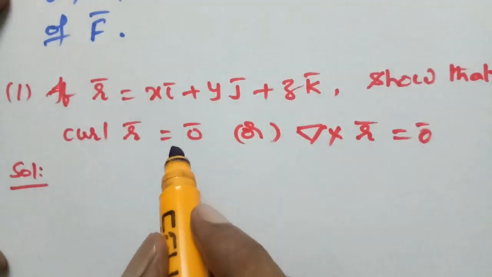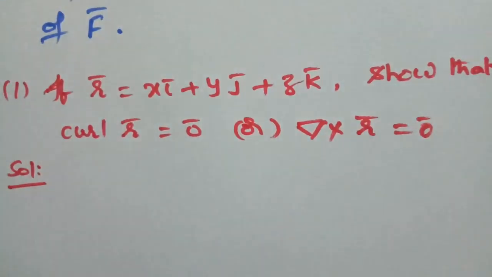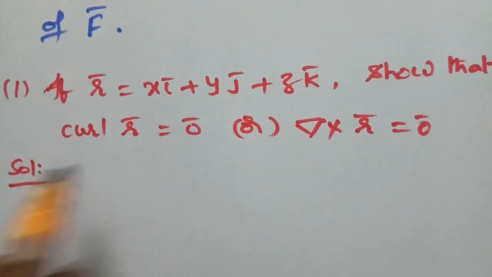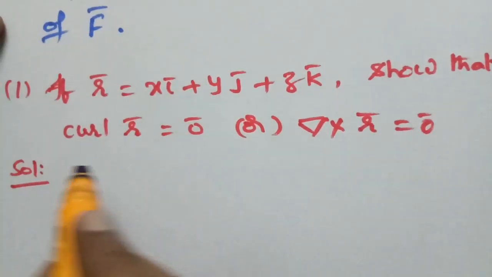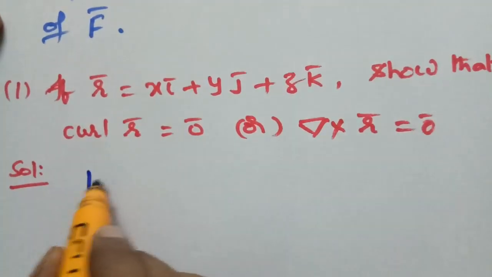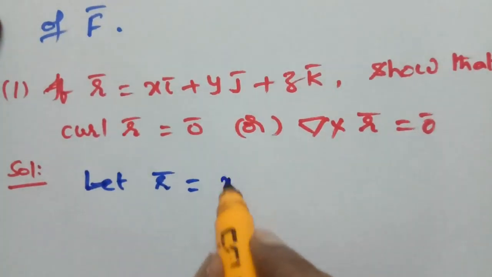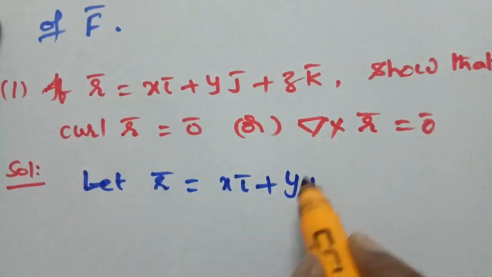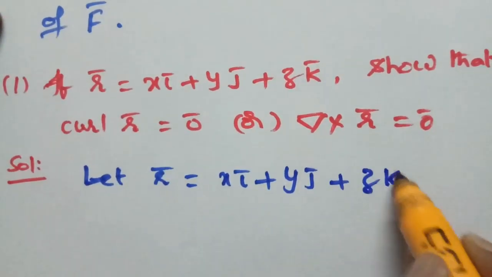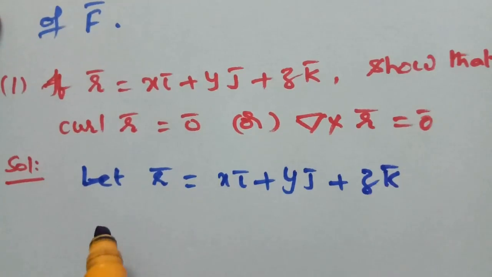For scalars, use letters without bold. First write down: let r bar is equal to the position vector x i bar plus y j bar plus z k bar.